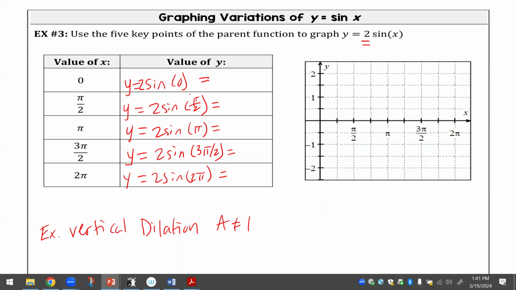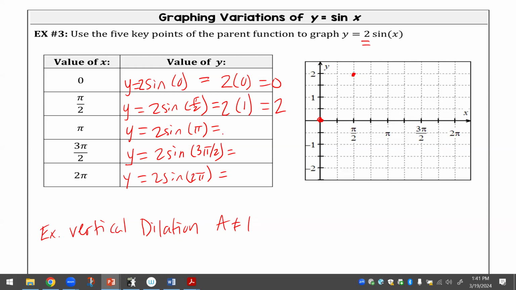We're not doing that. We're using our brain. What is sine of 0? So this is going to be 0. What's the sine of pi over 2? 1. So 2 times 1 is? You have to know it.